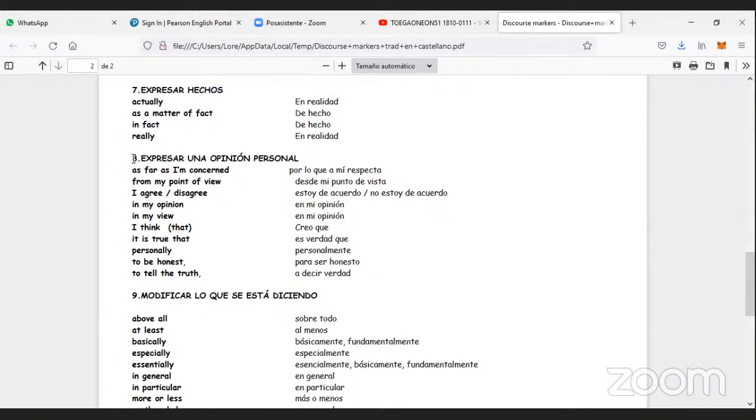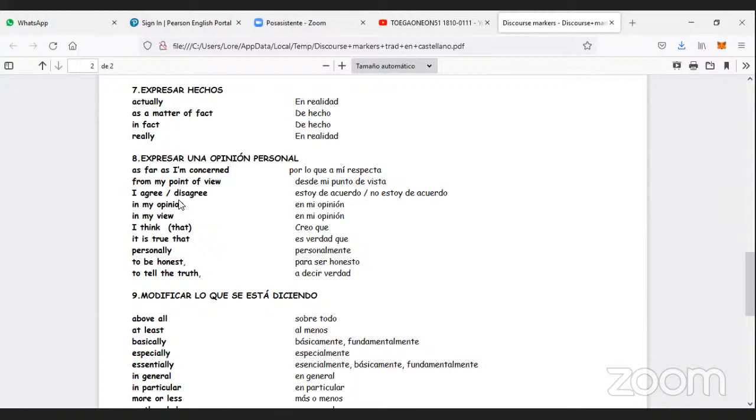This is most important in number 8, because when somebody tells you about something and they need a special opinion from you, you could use these ones, which is a formal way to answer some question, right? As far as I'm concerned, from my point of view, I agree, in my opinion, in my view. So these are going to be important, okay?